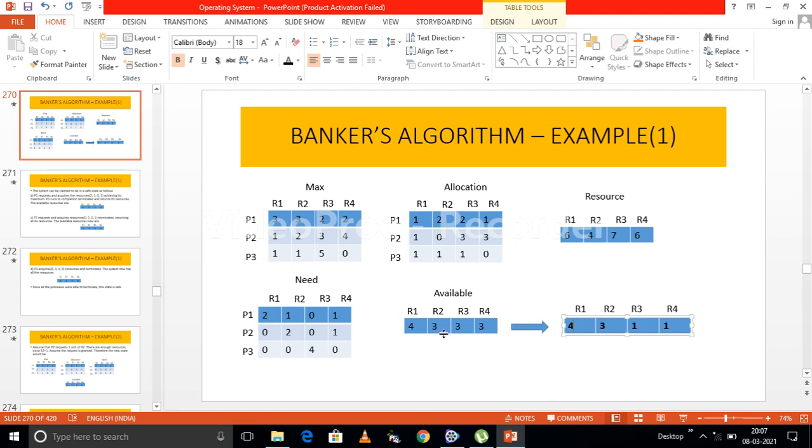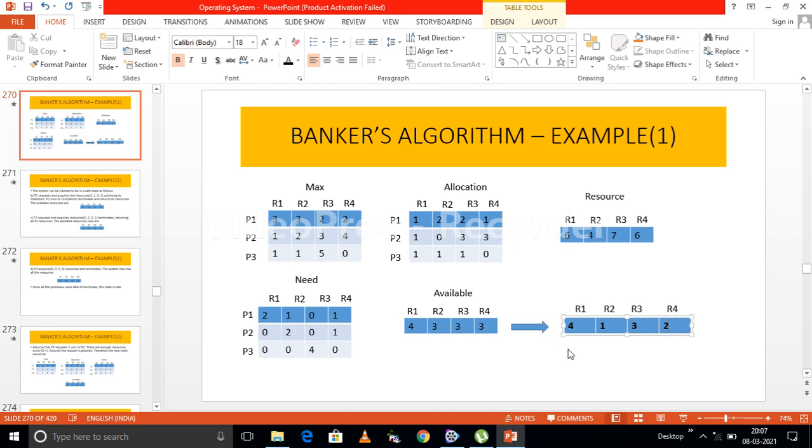Total available were 3, now 3 minus 2, we have an availability of 1 instance of R2. P2 doesn't require any instance of R3, so R3 will be intact, holding 3 instances. Now coming to R4, total available were 3. P2 required 1 instance of R4, so it is remaining with 2. Okay, so this was the availability.